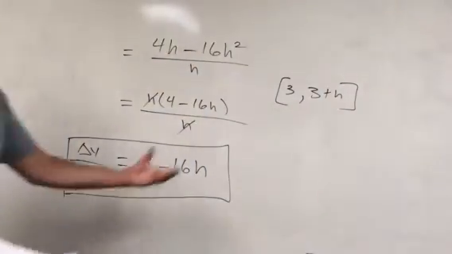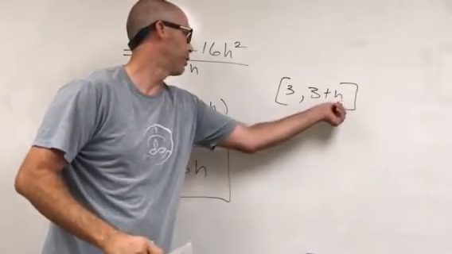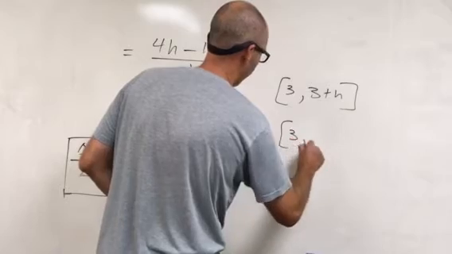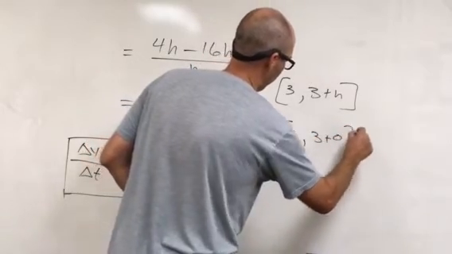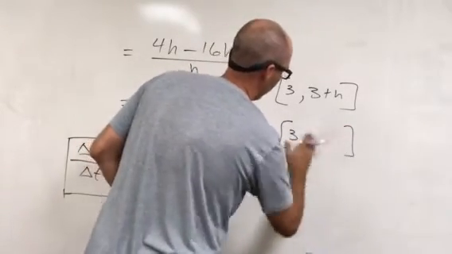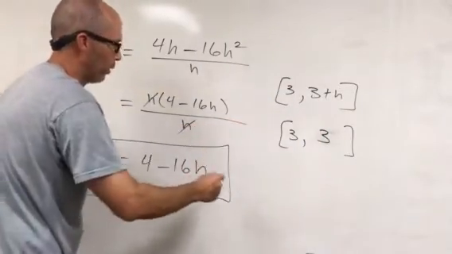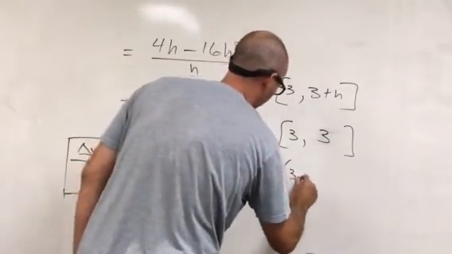So to shrink this down to a single point, h needs to be 0, because when h is 0, that gives us 3 plus 0, otherwise known as 3. The only point in this interval is the point 3.